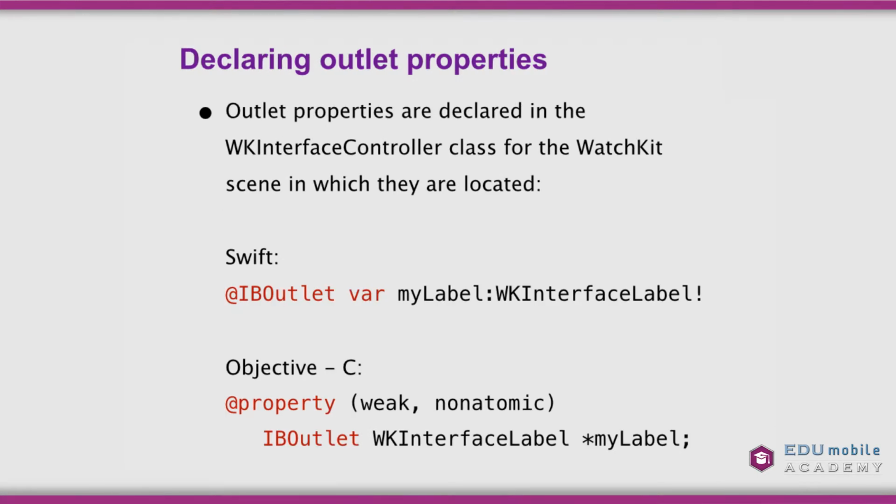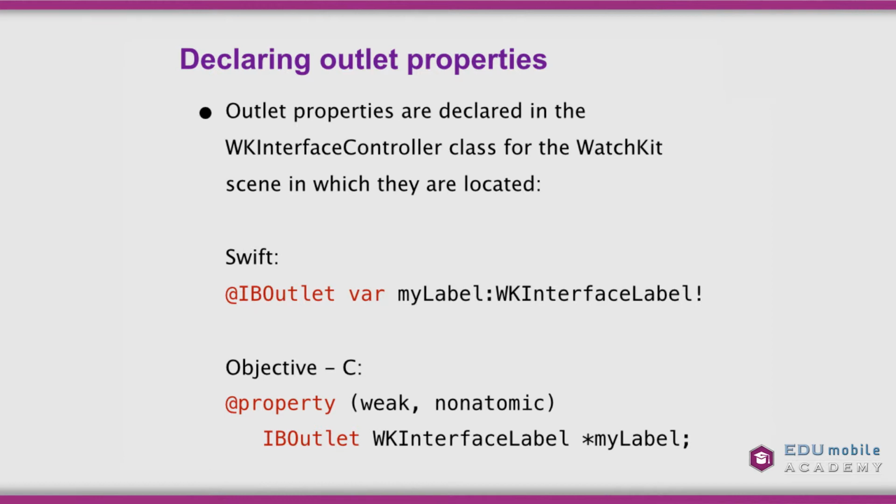So how do we declare outlet properties? Outlet properties are declared in the WKInterfaceController class for the WatchKit scene in which they're located. And this is exactly the same as we do in standard iOS 8 development, except for one thing. The WatchKit scene is in the WatchKit app section, whereas the WKInterfaceController is in the WatchKit extension section of your app.